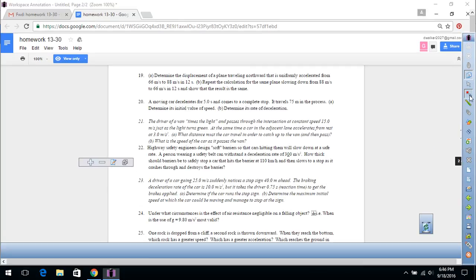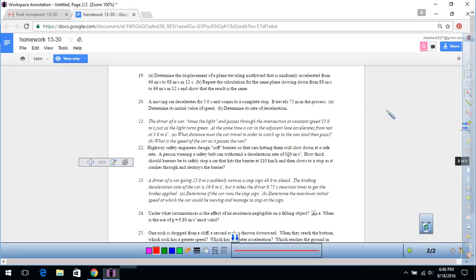So 19 says determine the displacement of a plane traveling northward that is uniformly accelerated from 66 to 88 in 12 seconds. So you know your T, you know your VI, you know your VF, and they want you to find the acceleration.